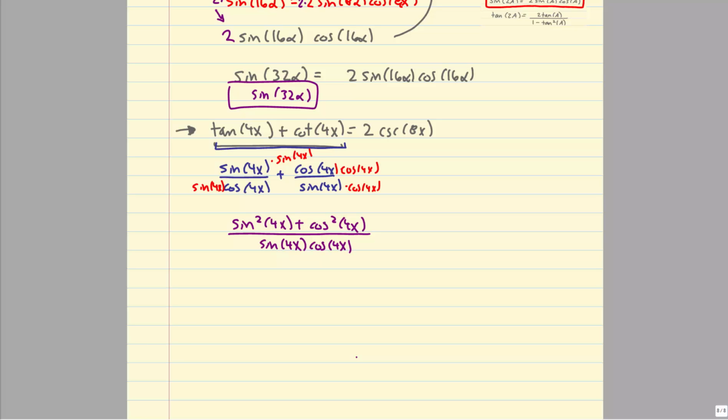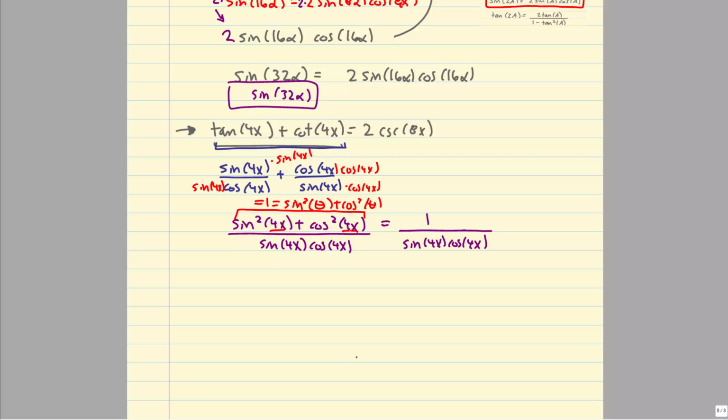And then by the Pythagorean identity, this is equal to 1 over the sine of 4x, cosine of 4x. Of course I need to justify that, and you'll need to do that too. This piece right here is equal to 1 because this is sine squared of theta plus cosine squared of theta. It doesn't matter what the argument of the angle is as long as it's the same.